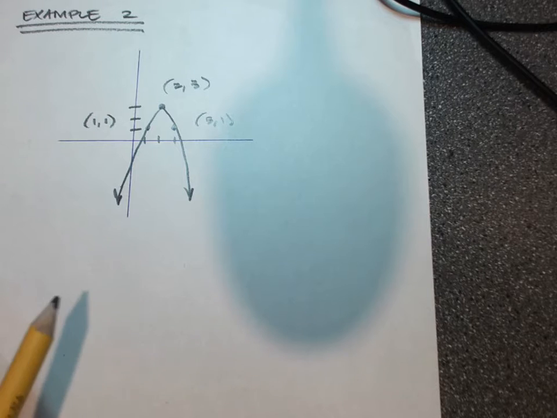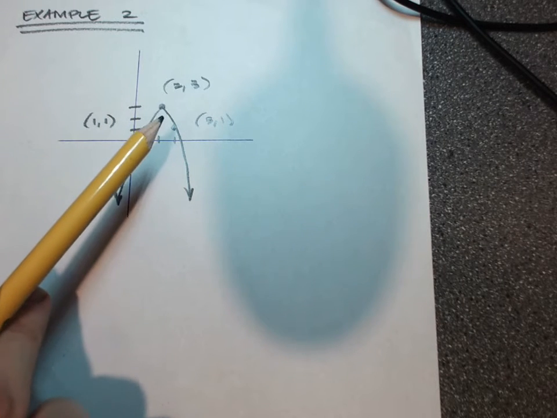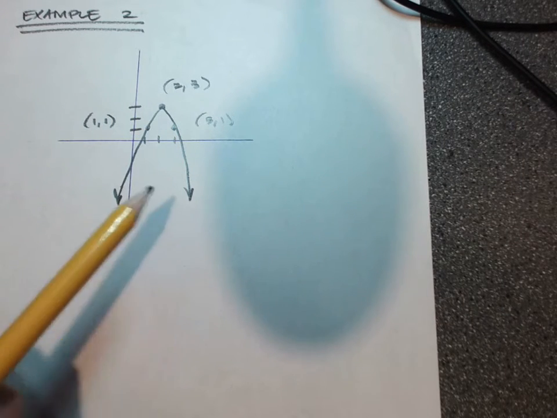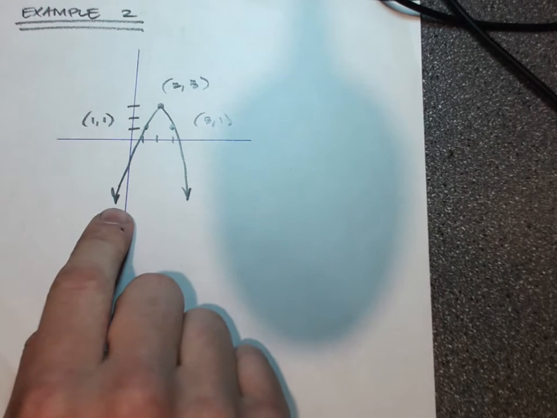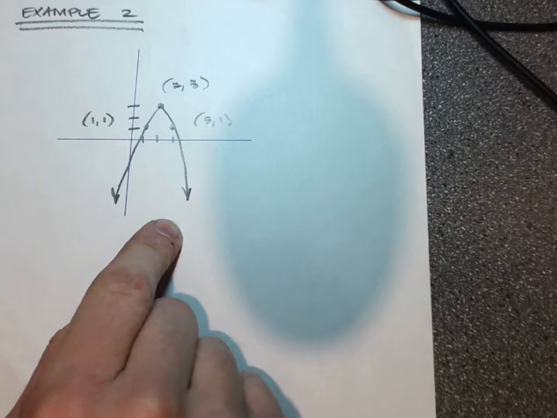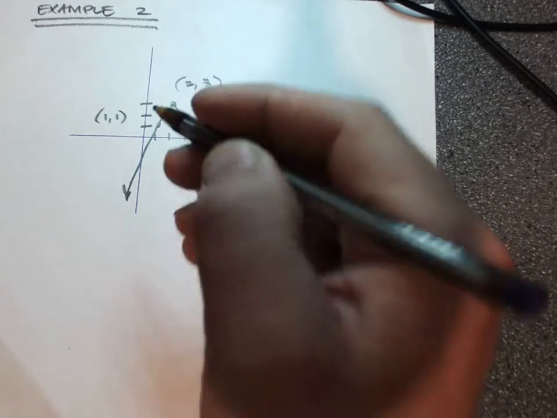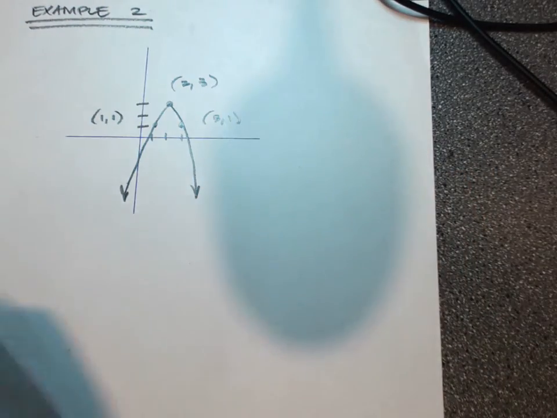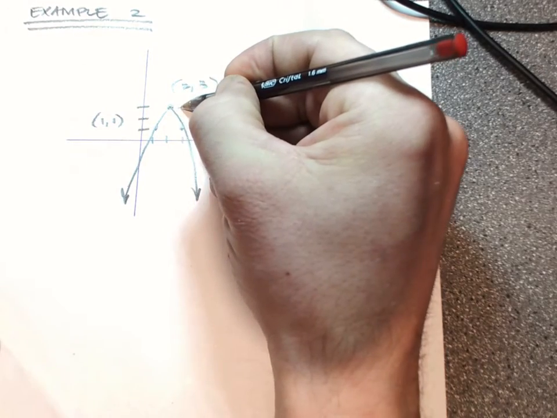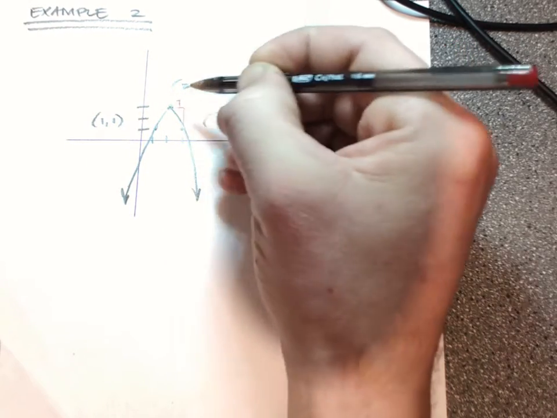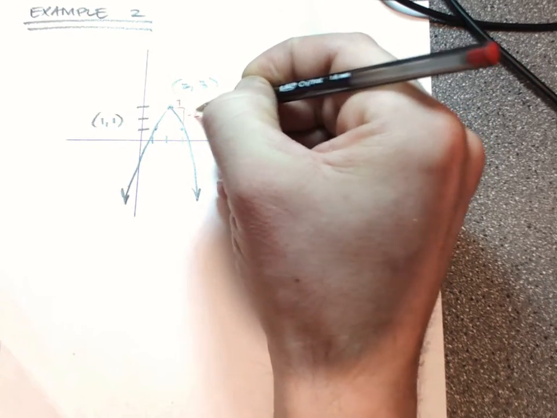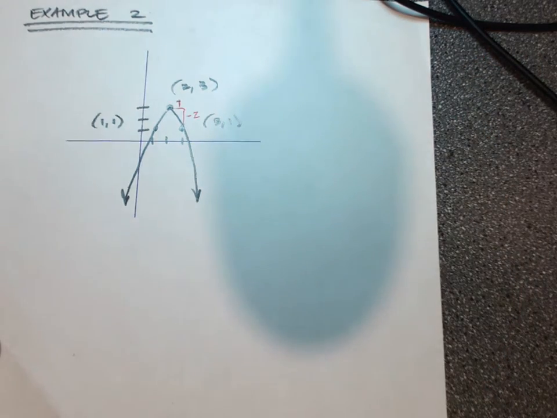Okay, example 2 has the same vertex, 2, 3, but now it opens downwards, or is concave down, as they call it. That means the A value is negative, and if we measure from the vertex and go over 1, in this case we will go down 2 to reach that next point.